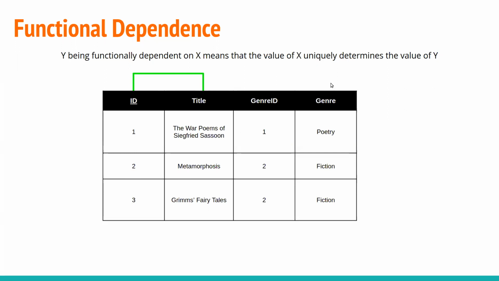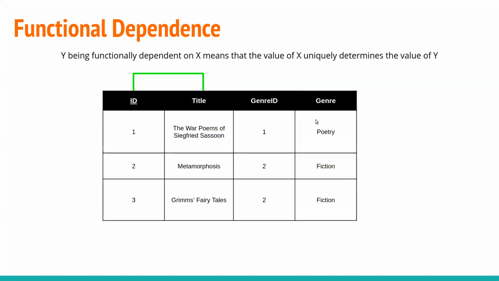So how can we see the importance of the word uniquely? If we know the ID of the book, we can determine its genre. If you know the ID of the book is 1, you know the genre is poetry.